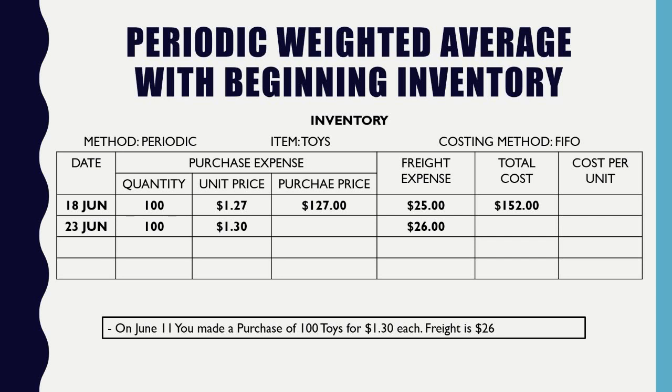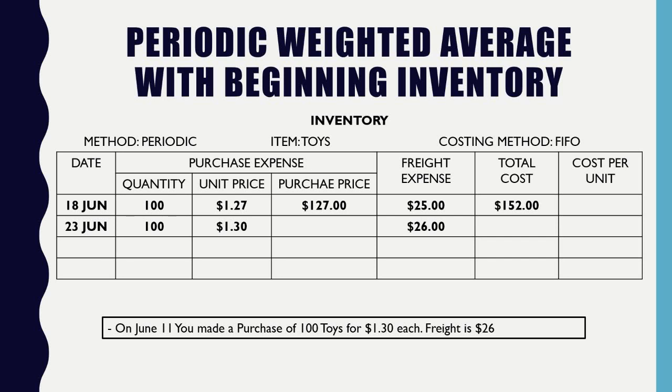So you already know your cost per item is going to change regardless because you have old inventory. So you don't even need to calculate it. And then when you make your second purchase, you're still not going to calculate your cost per item because right now it doesn't even matter.